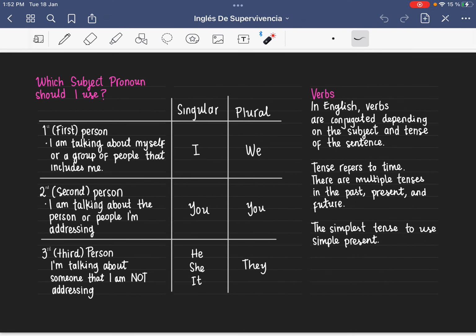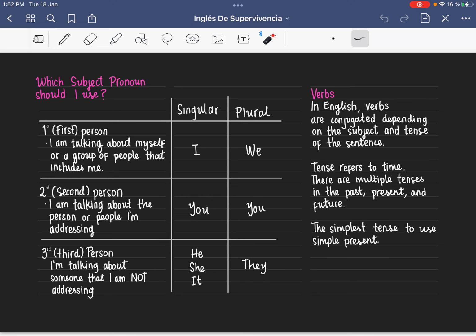Entonces, recordemos, tenemos nuestros verbos, que son acciones, y se conjugan dependiendo del sujeto y el tiempo verbal de la oración. So remember, we have our verbs, which are actions, and they're conjugated depending on the subject and the tense of the sentence.